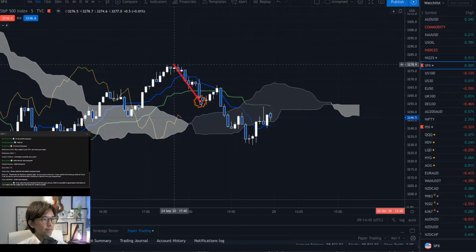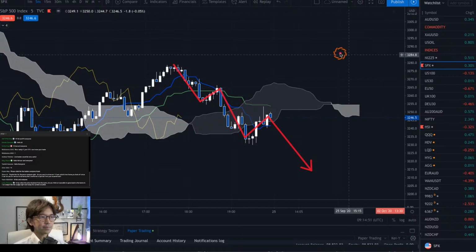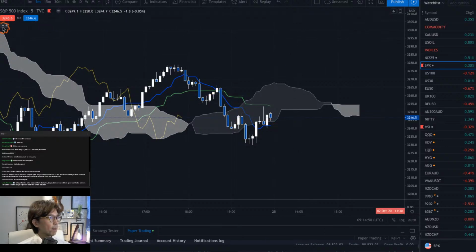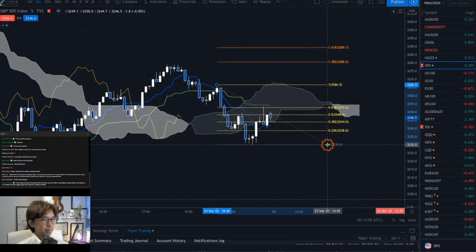So we can expect the price to continue to go down this way. And in this case, we can also take the Fibonacci retracement tool. I take it from the recent high to the recent low, because this is part of the N wave. If I take it like this, then we can say that the price is also bouncing on this 61.8% level.